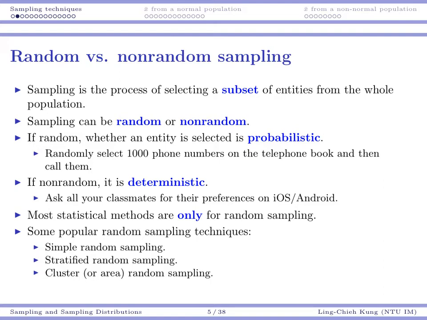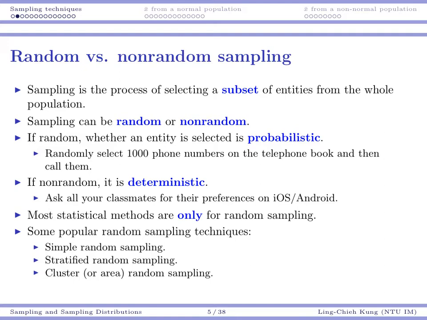For example, if I want to sample from NTU, I may only sample from this class. Then it's deterministic because I know who will be included in my sample. If I do this today, tomorrow, the day after tomorrow, I will always get the same outcome.